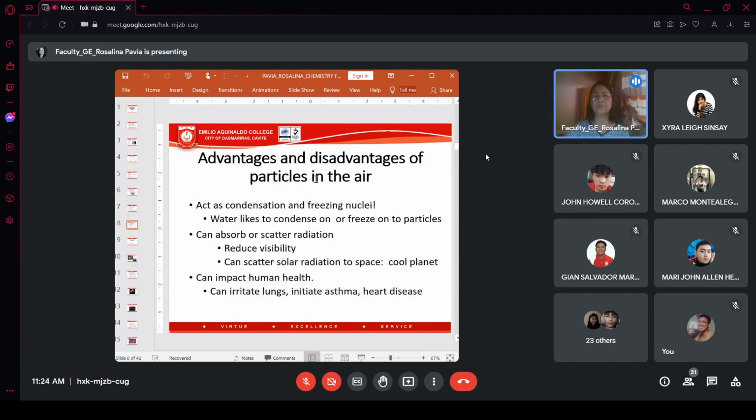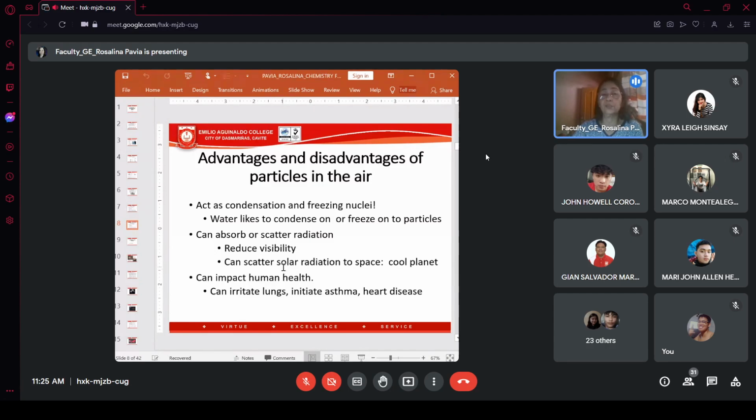Now, what are the advantages and disadvantages of particles in the air? They act as condensation and freezing nuclei because water likes to condense on or freeze onto particles. They can absorb or scatter radiation also, but they reduce visibility.